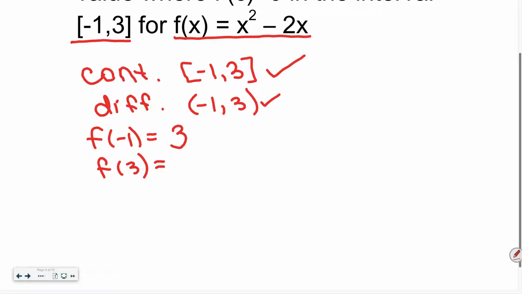And 3 squared minus 2 times 3 would give us 3. So there we go. We can apply Rolle's theorem. And Rolle's theorem says that somewhere between -1 and 3, there's at least one time where our derivative equals 0. So let's find it. Our derivative would be 2x minus 2.